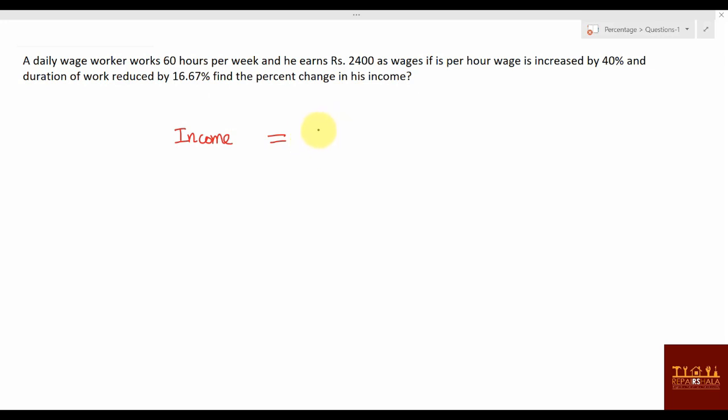Income is number of hours worked into his charges per hour. Suppose he is charging some 400 rupees and he is working for 6 hours. How much will he be earning? 2,400. That's how you can say. Okay.